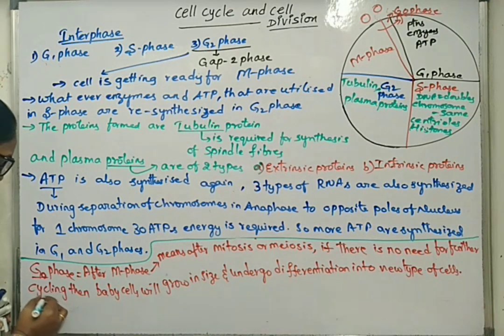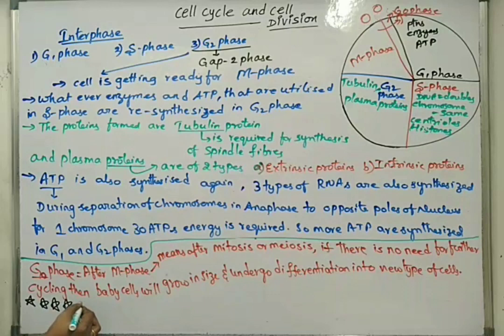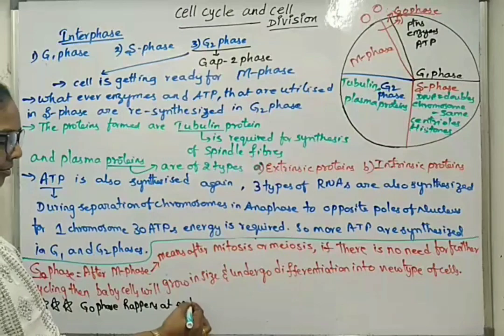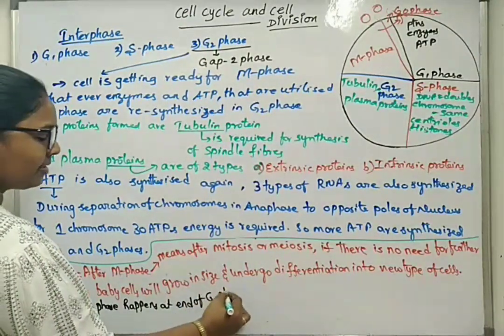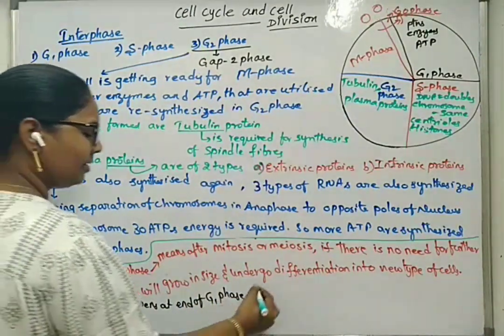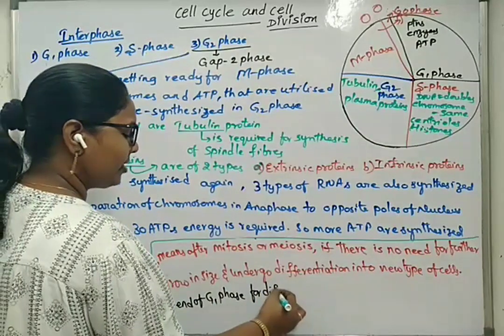So we'll write that point also, which is very, very important. G0 phase happens at the end of G1 phase for differentiation.